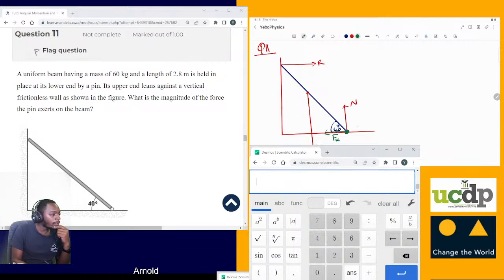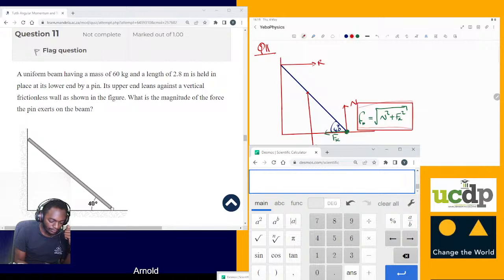So the force due to the pin is going to be equal to the square root of N squared plus F_r squared, the friction. Right, so we've just made a good breakdown of that problem.